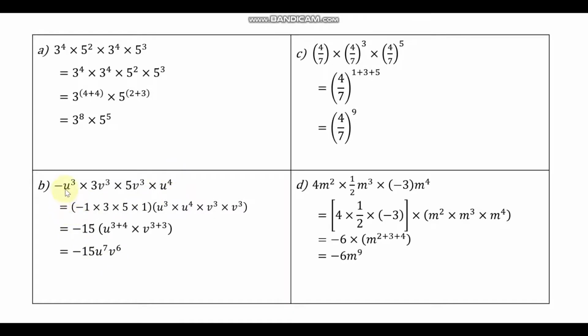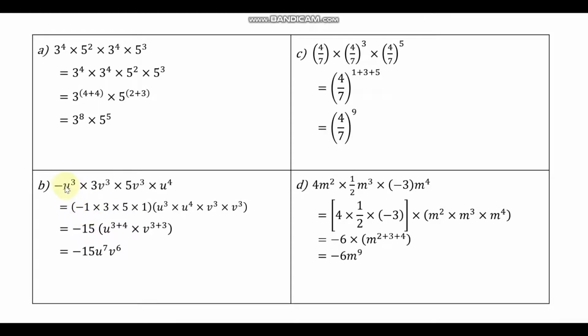Second question here, we have two different bases, so we have to rearrange the bases, and together we have to separate the numbers from the terms and value of index. First bracket, we put in every number, and second bracket, we put in every base and the term and the value of index. First bracket, we have -1.